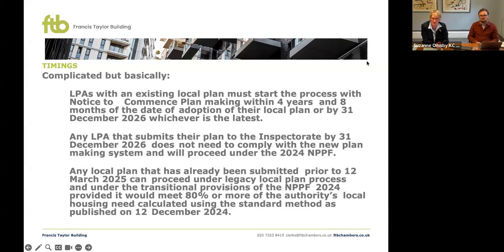But you will see, as I've already said, I think you're going to have to start your plans a lot earlier than 4 years and 8 months, because that's only going to give you a 4-month window to do all that work that you're required to do as part of the pre-commencement process.